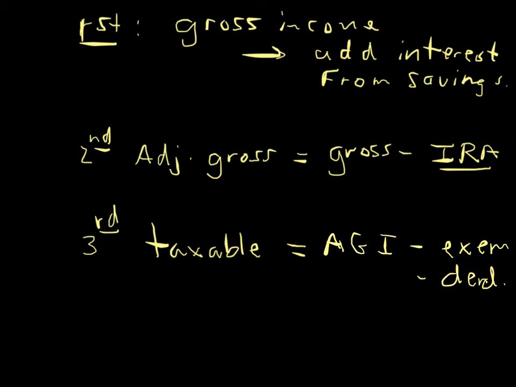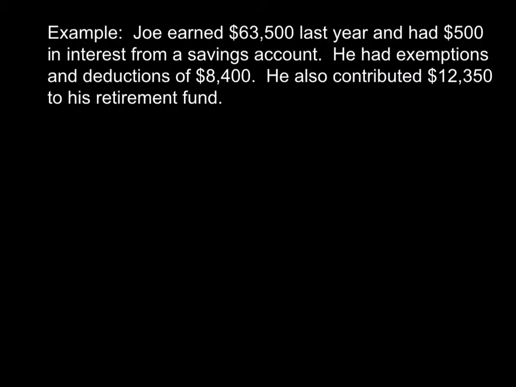Let's do an example. So here's a very simple example. If you know enough from what I explained so far and can do this simple example, you can work your way, though you'll find some things are a little weird when you do it, through an online software system to take care of your own taxes. So in this case, for Joe, I'm first going to figure out his gross income.